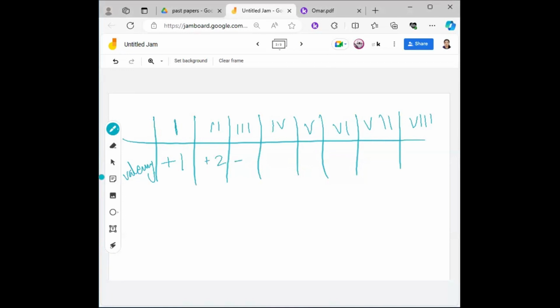Positive 3. 4? Positive 4. 5? Minus 3. For group 6? Minus 2.